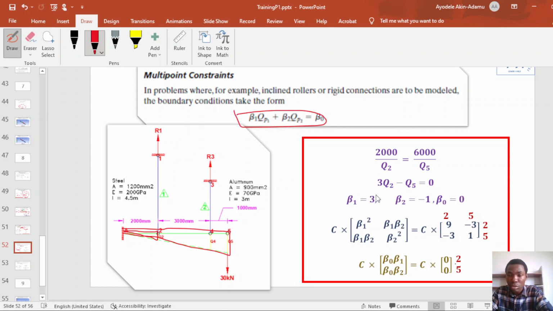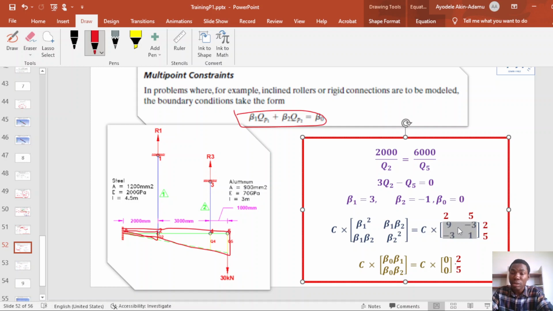If we substitute these beta values in this matrix equation, we get 9, -3, -3, 1. Beta 1 squared is 3 squared, that's why we got 9 here. So we get C, a large stiffness, multiplied by this matrix.